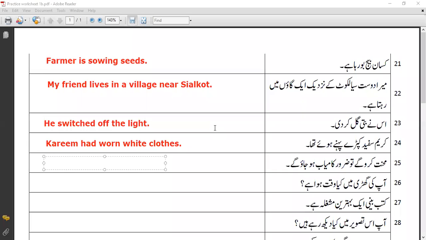मेहनत करोगे तो ज़रूर कामयाब हो जाओगे. Now here, this is a conditional sentence. In conditional sentences, two tenses are usually used. The first part of this kind of conditional sentences, okay? So when you have this kind of a sentence, the first part of the sentence is going to be simple present.